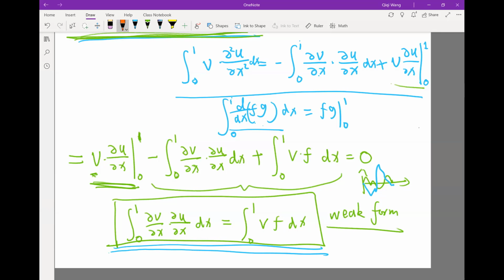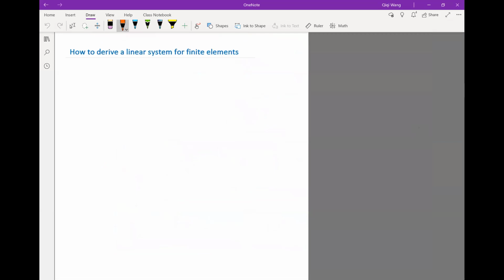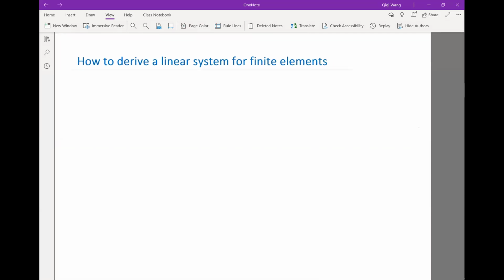All right. So how do we derive a linear system from the weak form? Let me again write down the weak form. Integration from 0 to 1 of dv/dx times du/dx dx equals integration from 0 to 1 of v times f dx.